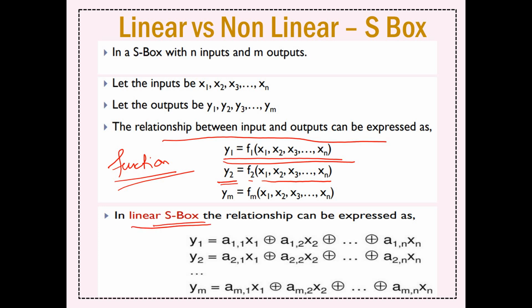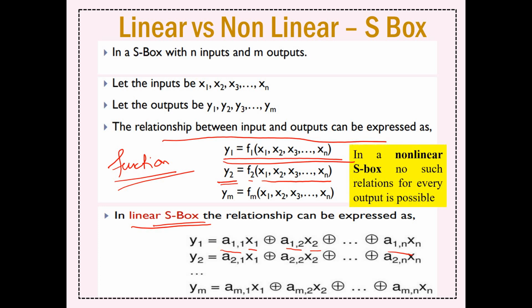So the linear S box can be represented in the form y1 to ym with a matrix formation like this: a11 x1 XOR a12 x2 up to a1n xn, like that. Or in general, basically you are trying to make a matrix multiplication happen for a linear S box. Okay, so let's see about a linear S box.